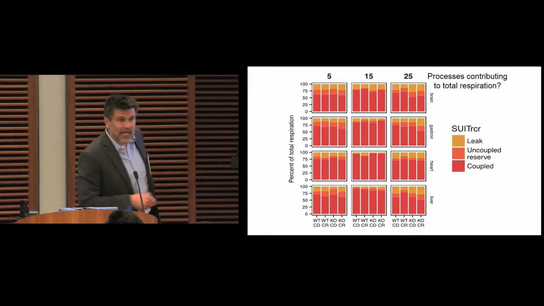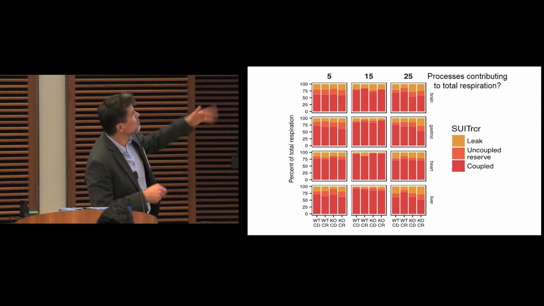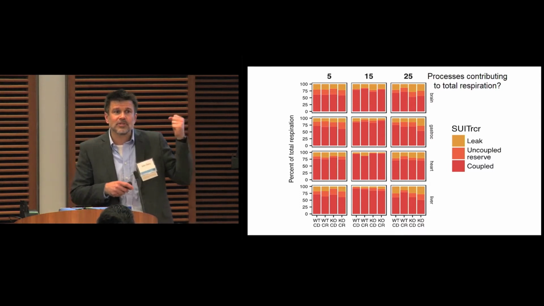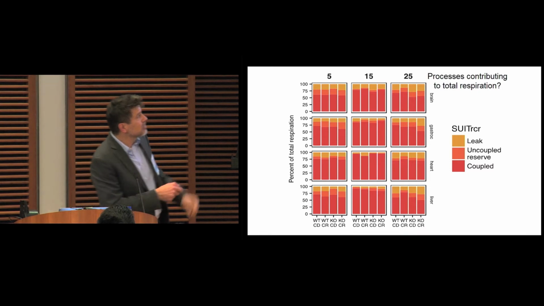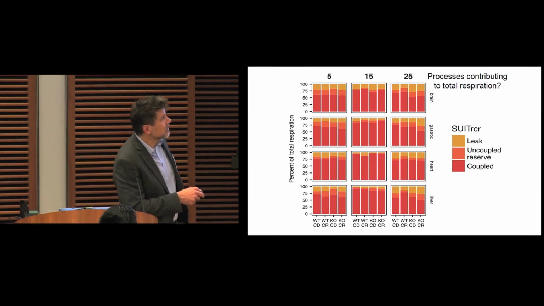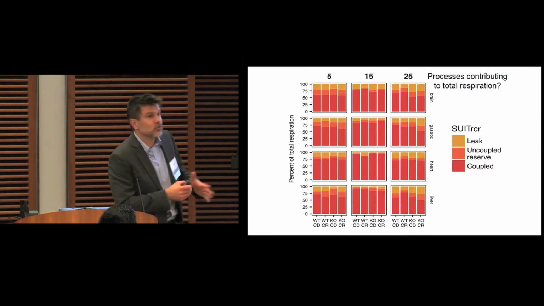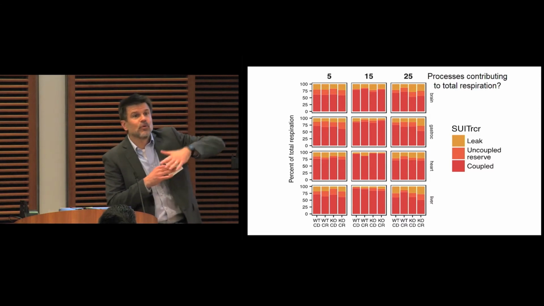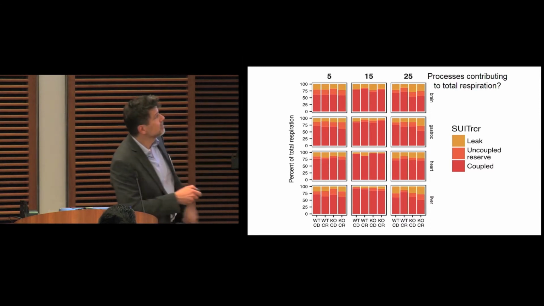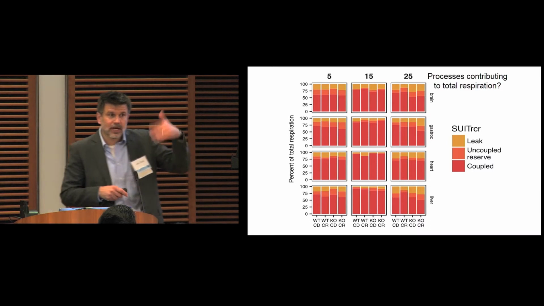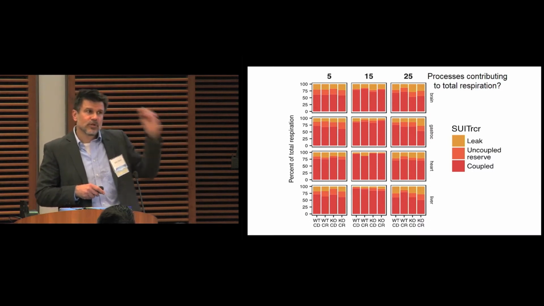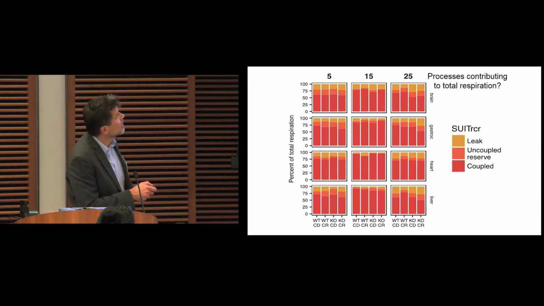that in middle age, okay, what is this? This is actually percentage of respiration. So oxygen consumption as a function of either coupled respiration, here, uncoupled reserve, that means what you could do if it were maximum ATP generation, and then leak. So this is basically oxygen consumption that's not driven by ATP synthesis, okay?